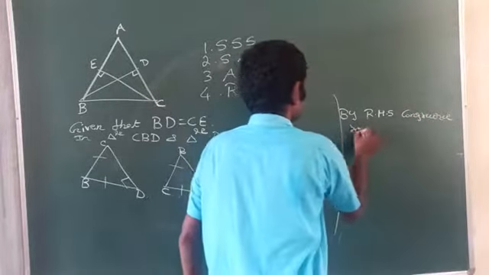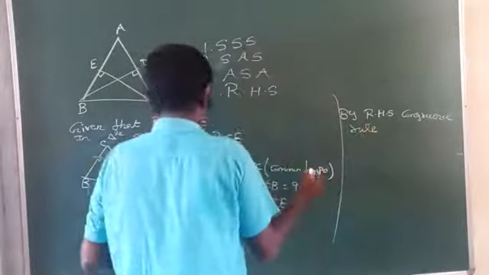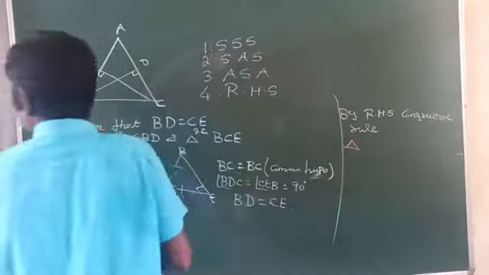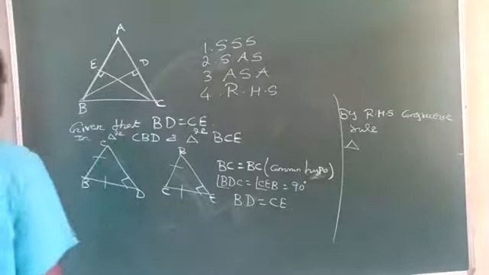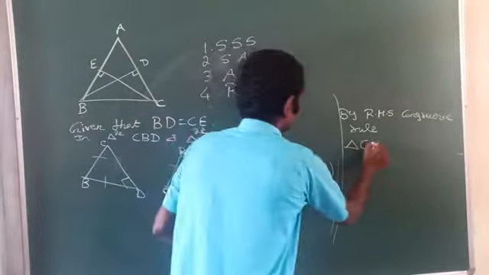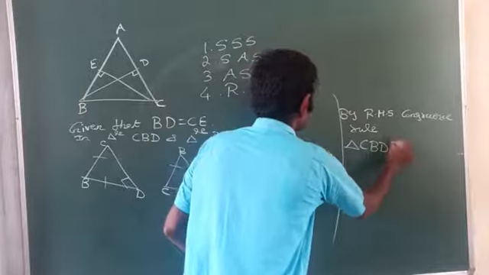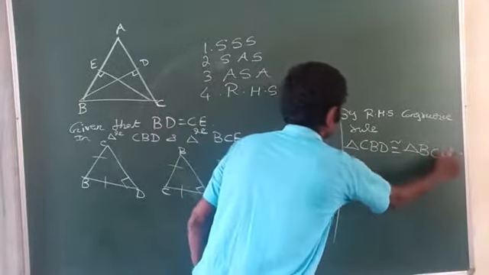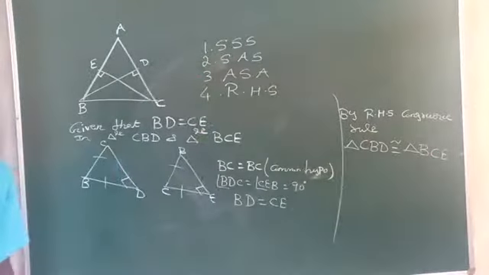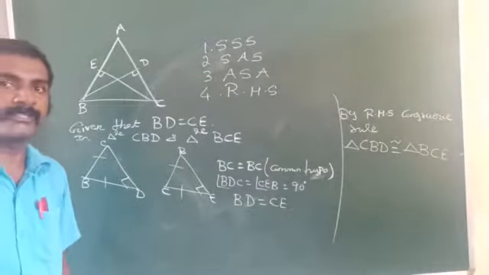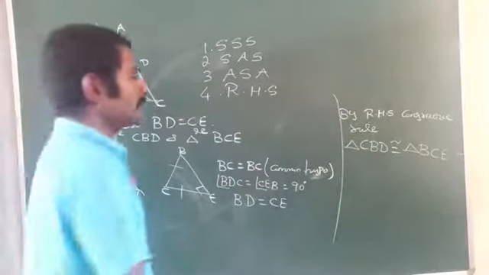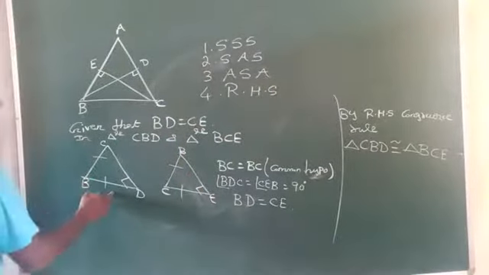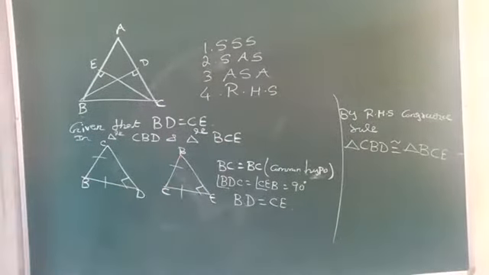We can say that triangle CBD is congruent to triangle BCE by the RHS congruence rule.